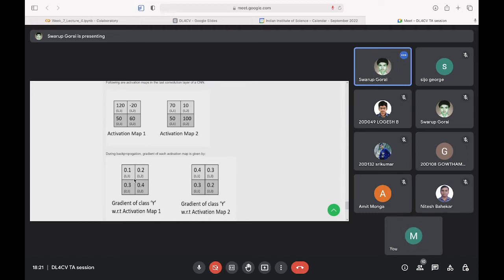Grad-CAM is a linear combination: activation map 1 into some alpha 1 plus activation map 2 into alpha 2. These alphas are determined by the gradients which are given.